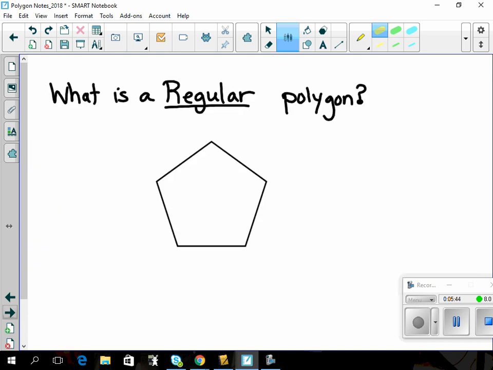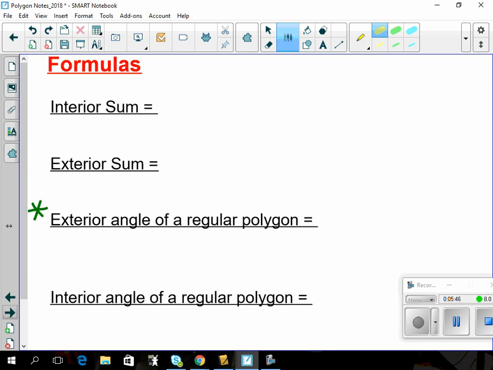Because the formula, these are the formulas you must write down, by the way. The formula is the angles in a triangle, the number of sides minus 2. So we're going to call the number of sides n.